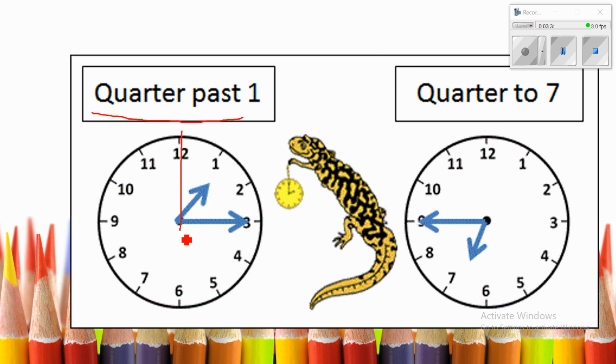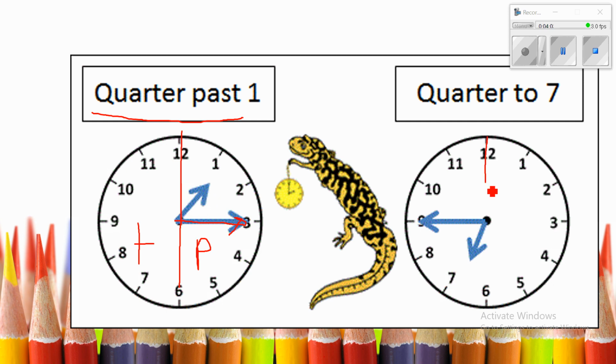I'm just drawing here. This is the line. I partition the clock into 2 parts, and the right, the first letter is P here for past, and here is T for to. When the minute hand is on the past and it's on 3, so it's a quarter past, the same hour.